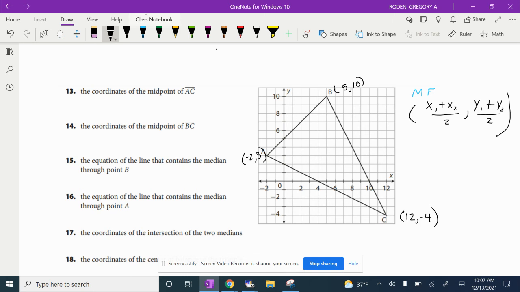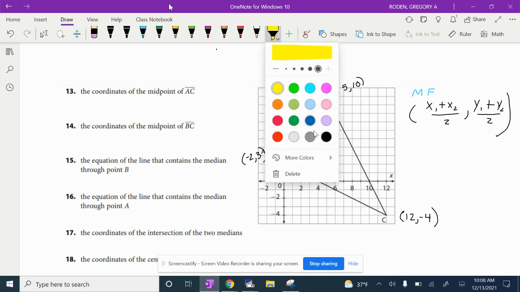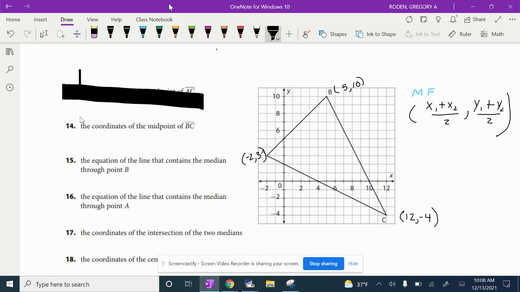Now don't worry about 15 yet. Okay, we're kind of going to go a different order here. I'm not even really super concerned with all these questions over here. Don't worry about the questions as much. I just want to know the coordinates of stuff.